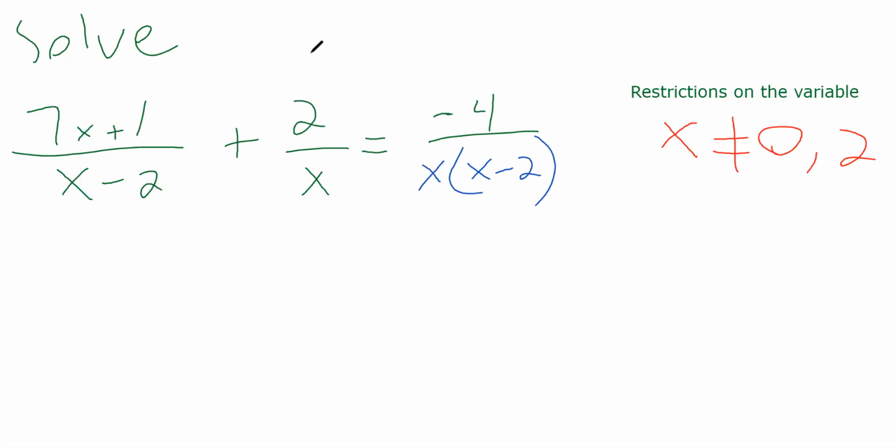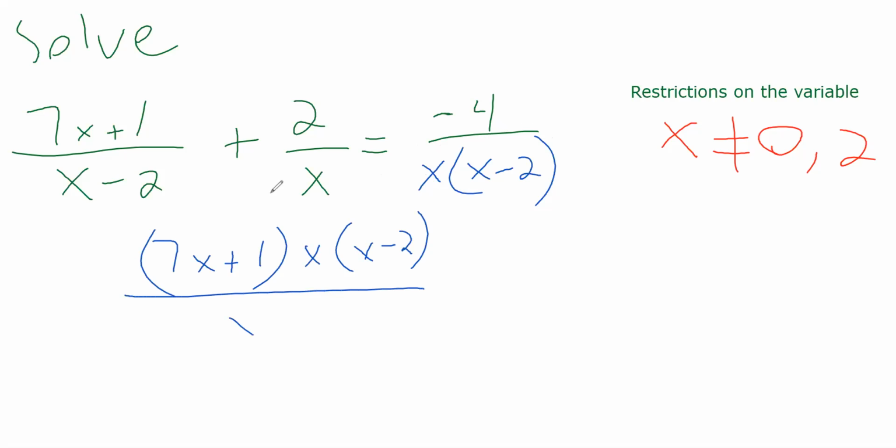So let me show you how it's going to look. That means that this guy, the 7x plus 1 over x minus 2, is going to get multiplied by this.